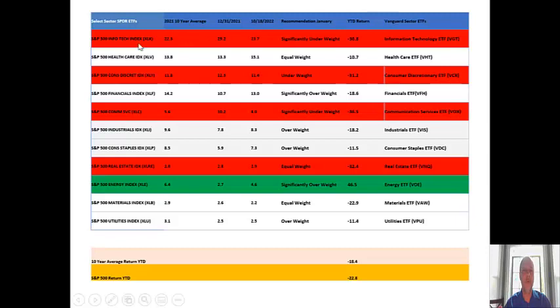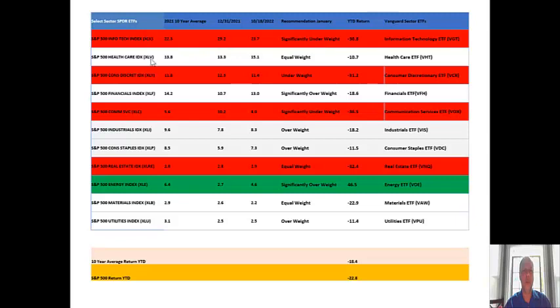Our approach is to look at each sector and do the 10-year average weighting versus the current weighting. So at the beginning of 2022, we would have significantly underweighted information technology with a weighting of around 22% versus 29% in the S&P 500.